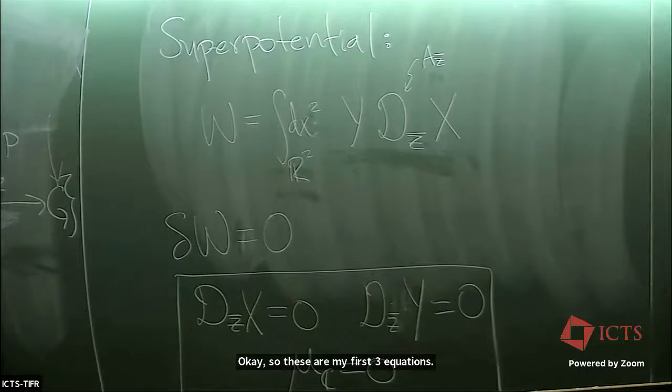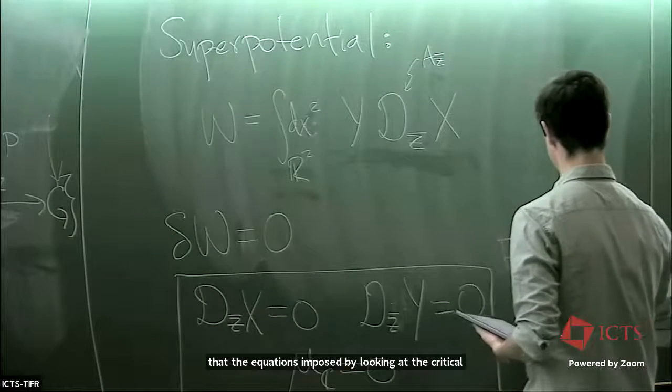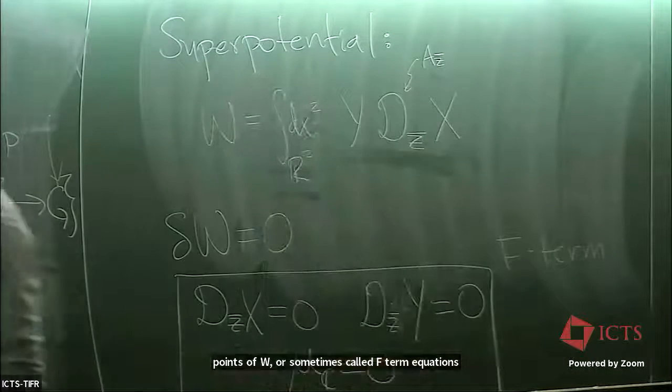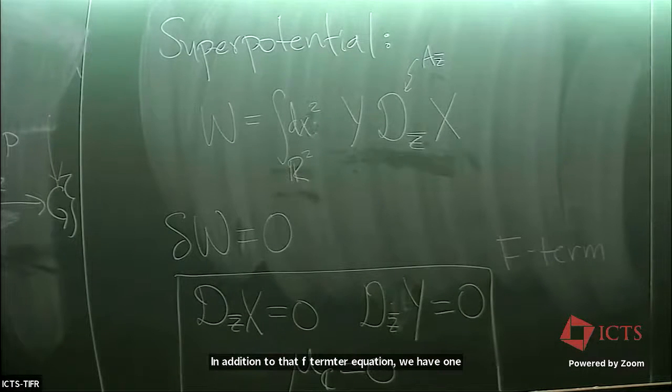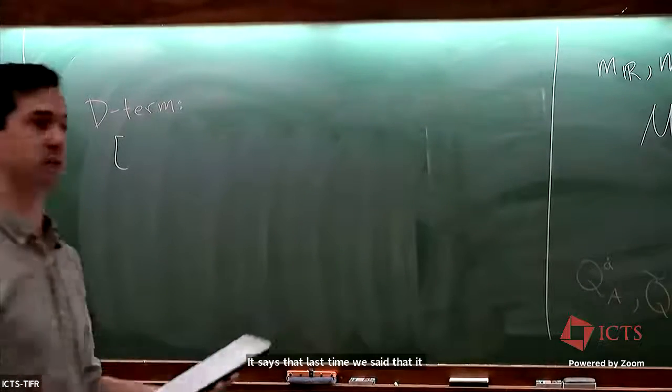We've got another equation that comes as the so-called D term equation. Last time I mentioned that the equations imposed by looking at the critical points of W are sometimes called F term equations. In addition to that F term equation, we have one other equation for the vacua. And it looks as follows. Last time we said that the real moment map is equal to 0.